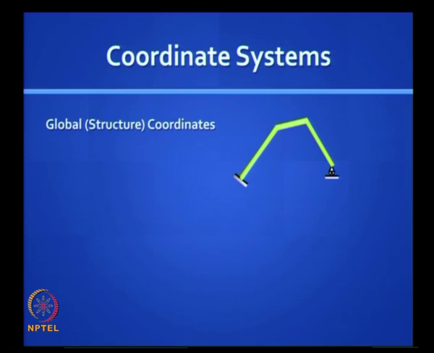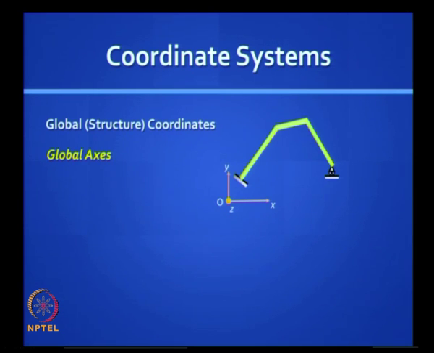So I need to have a coordinate system first to identify the joints in the structure, right. So I first choose an origin. Usually you choose the extreme lowermost left end, but you can choose anywhere on that plane. So I put it somewhere there, and that is my origin, and I have x and y.